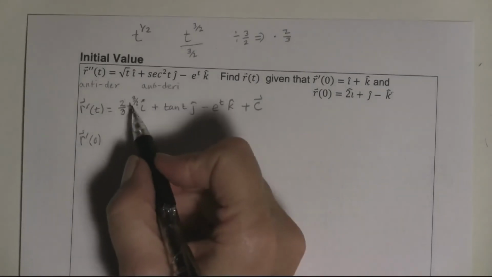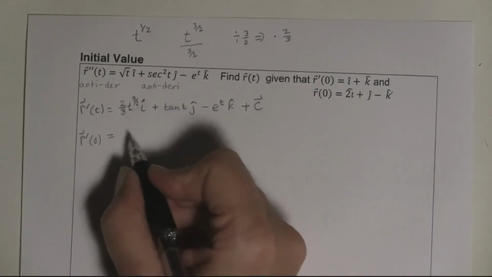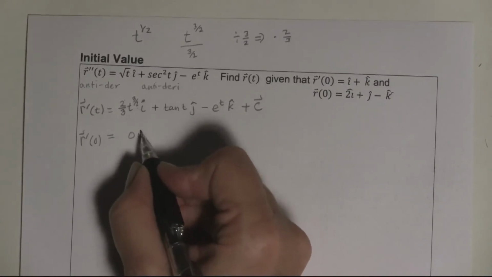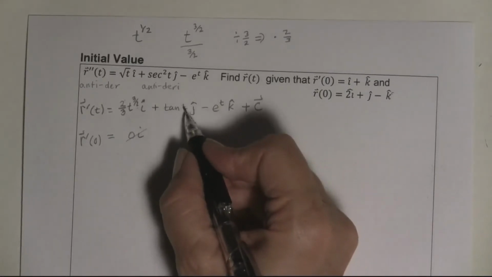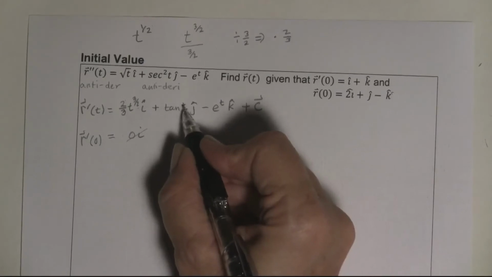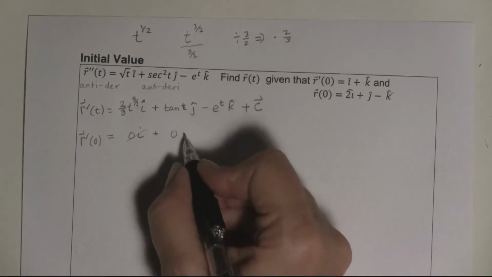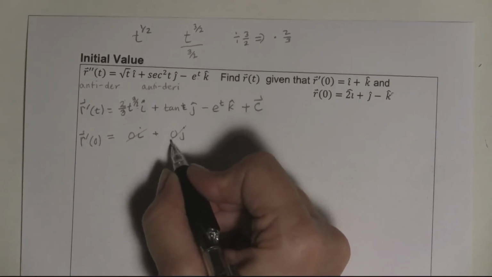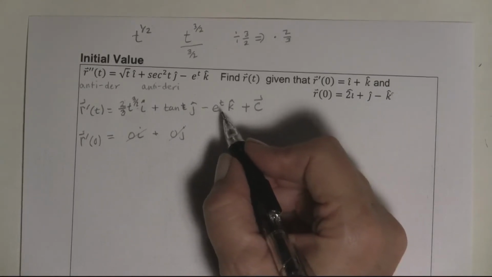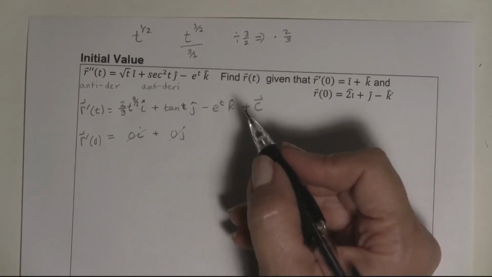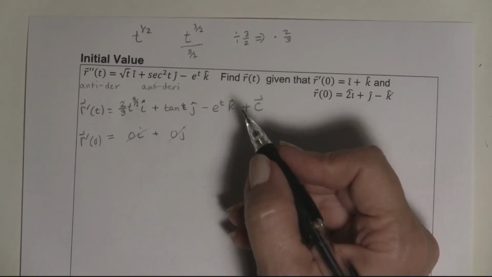So when I put in 0, this part is 0i, which is gone. And the tangent of 0 is 0, so 0j, and that's gone. Now be careful though, because not everything is 0 when you plug in 0.